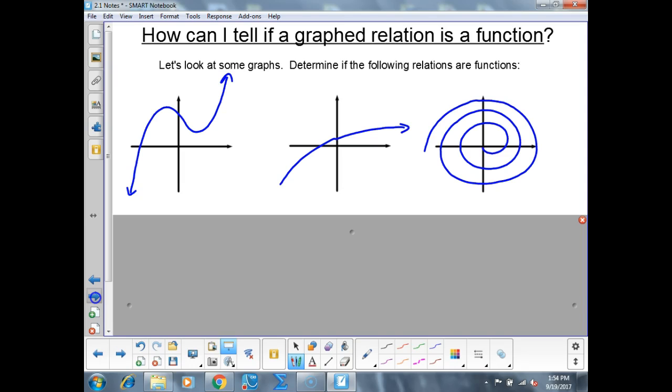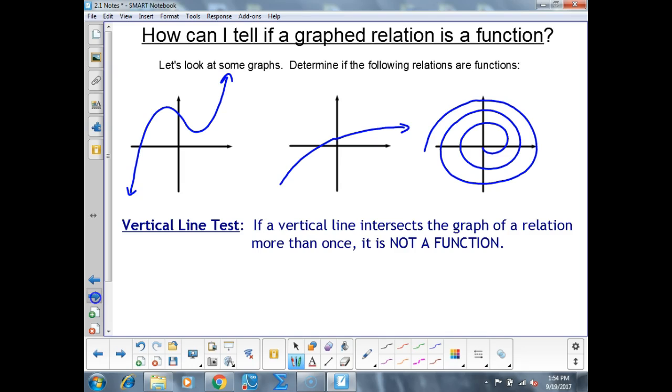Left one, function, not a function? Yes, it is a function. Middle one, function, not a function? Yes. Right one, function, not a function? Why not? What do I do? Graphically, how do I tell if it's a function or not? What kind of line test?